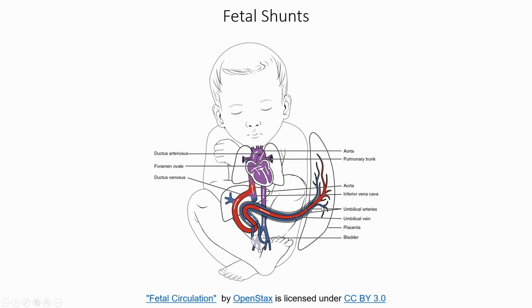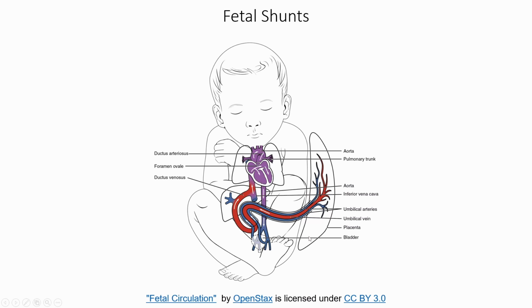The baby's circulatory system is still separate from the mother's, but we oxygenate at that placenta. We then take oxygenated blood through the umbilical vein, which is in red here, which will then join up with the inferior vena cava, and then through the heart.